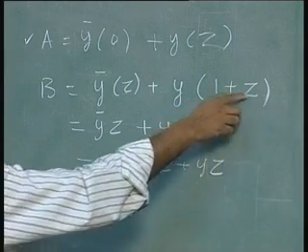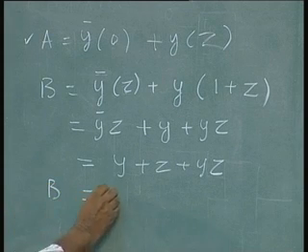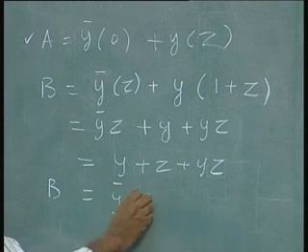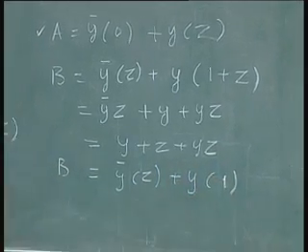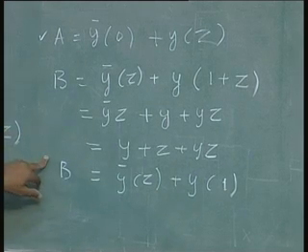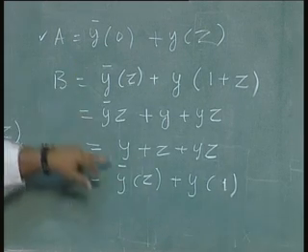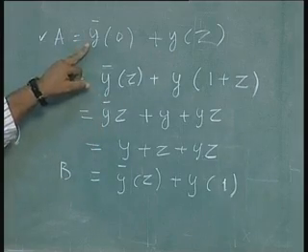And also, since we know 1 plus z is 1, I can rewrite b again as y bar z plus y into 1. Now, that means I have a and b expressed as multiplexer expansions with y as the selector variable.